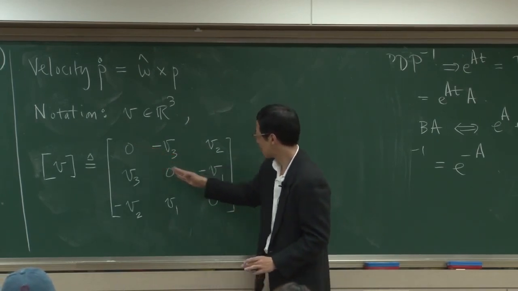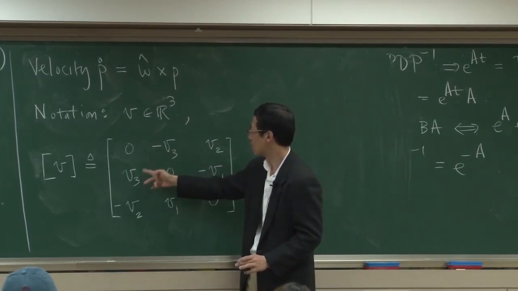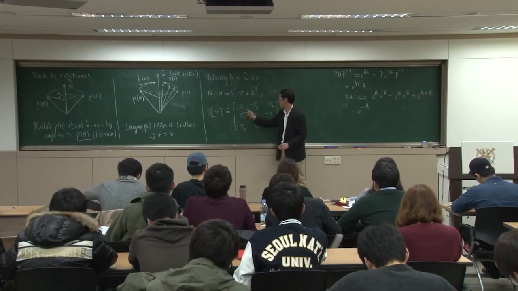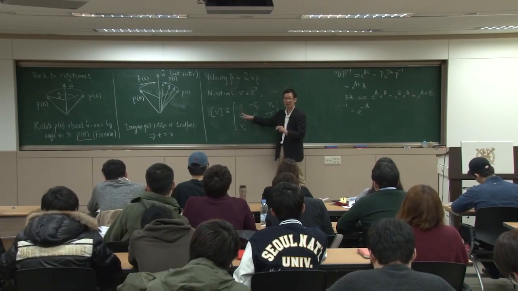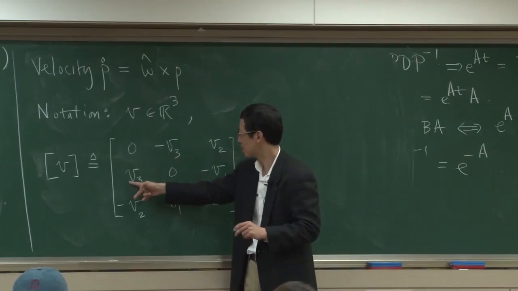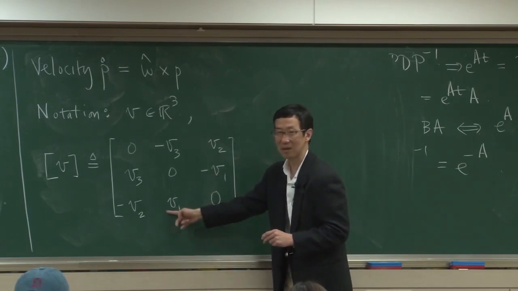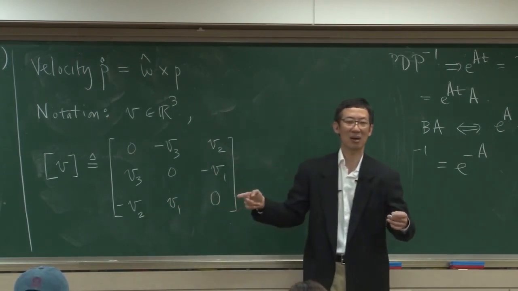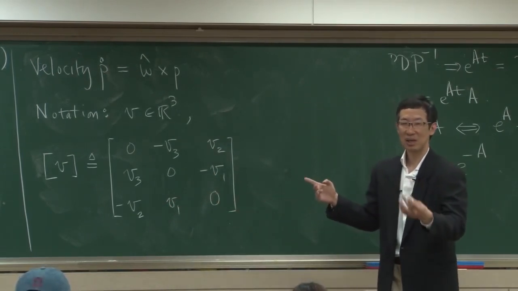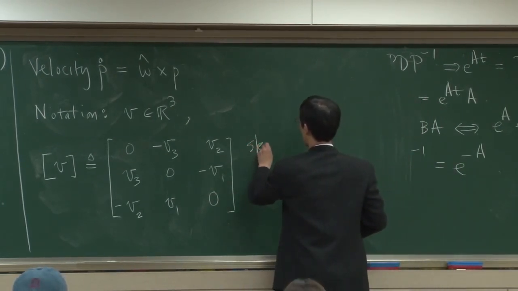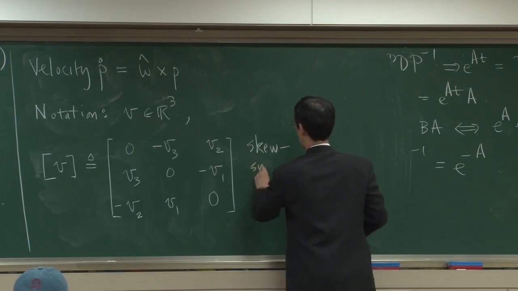The diagonals are 0, and these are mirror images of each other with respect to the diagonal, but with the signs switched. A minus here is a plus here, a minus here is a plus here. So these matrices are called not symmetric matrices, but skew symmetric matrices.